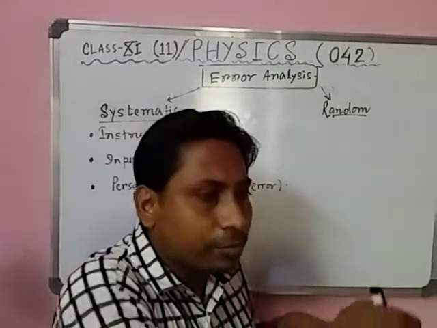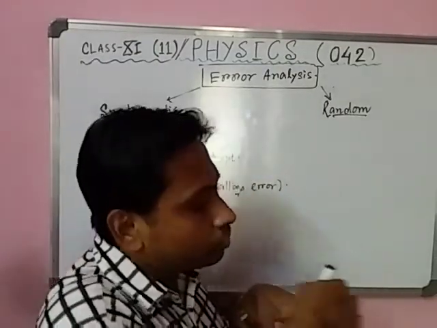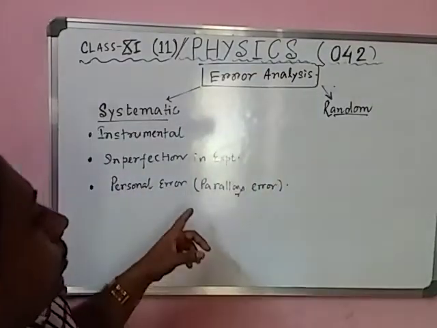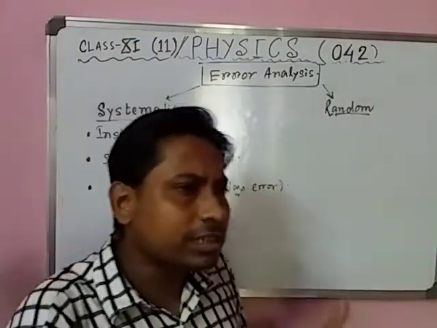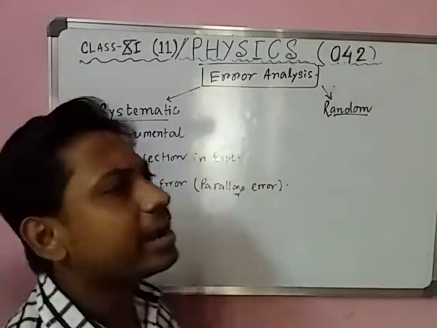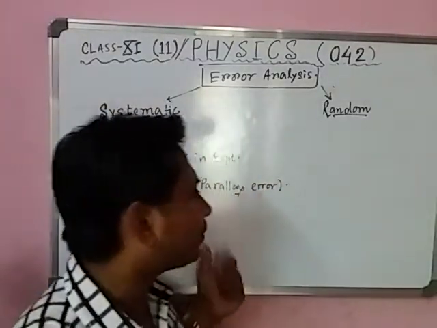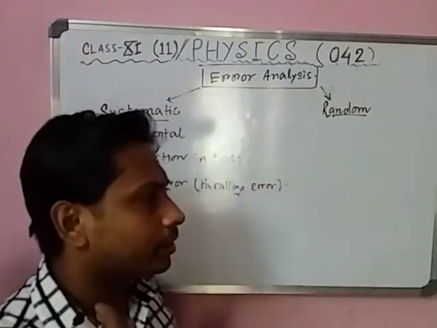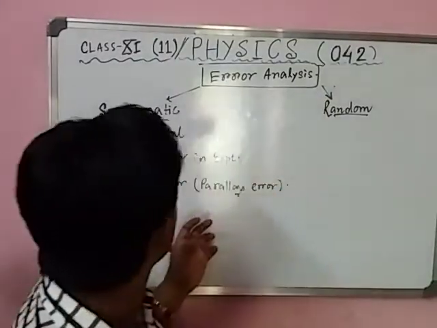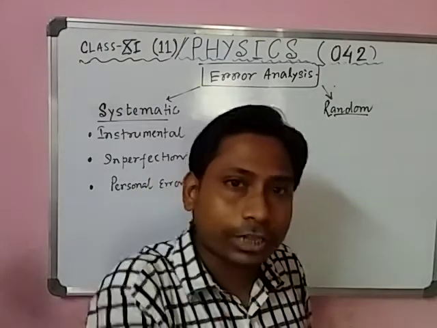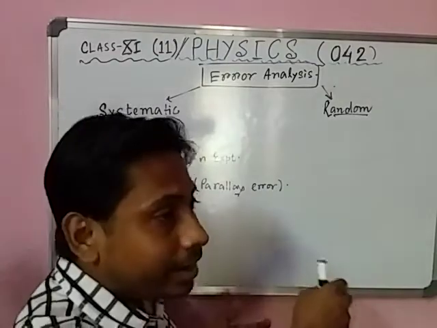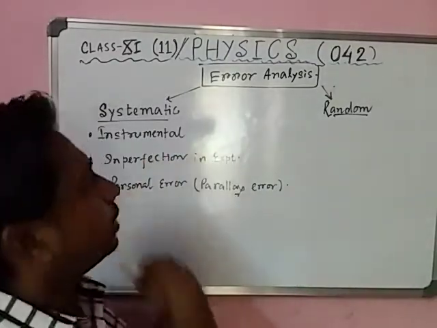You have to measure the length of anything by looking at it vertically, so that we can remove the parallax error. You can remove these with the help of a proper technique and procedure. If you know the cause, you know the remedial steps to apply, so you can remove this type of error.